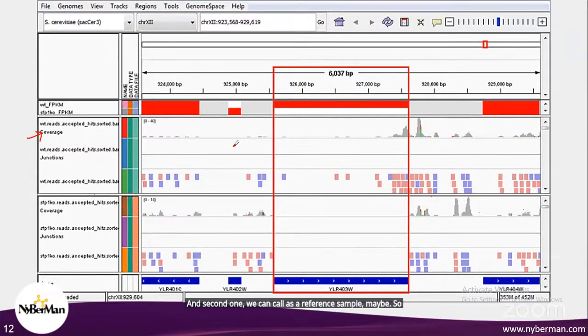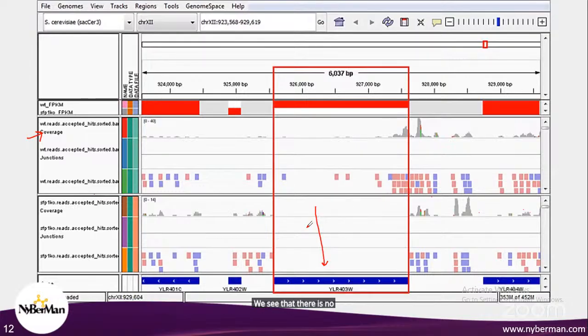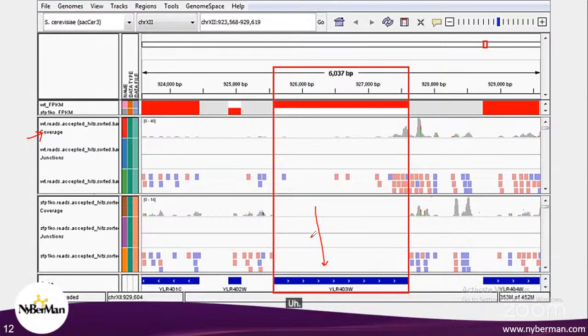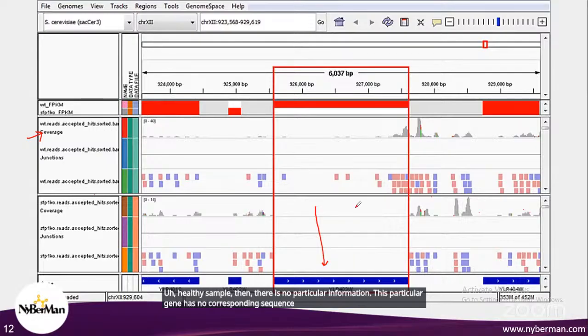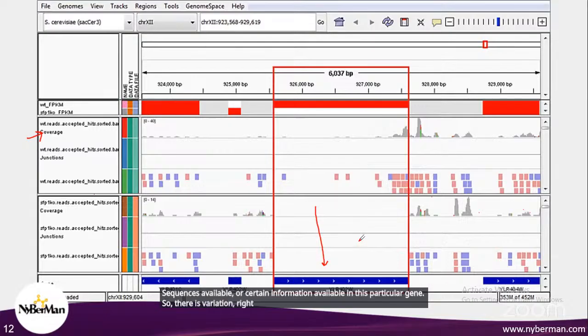So if we compare, in the reference sample, in this particular position, we see that there is no particular read, there is no particular information here. If we consider it as a healthy sample, then there is no particular information. This particular gene has no corresponding sequences, right? But in the diseased sample, if we compare, there are certain sequences or certain information available in this particular gene. So there is variation, right?